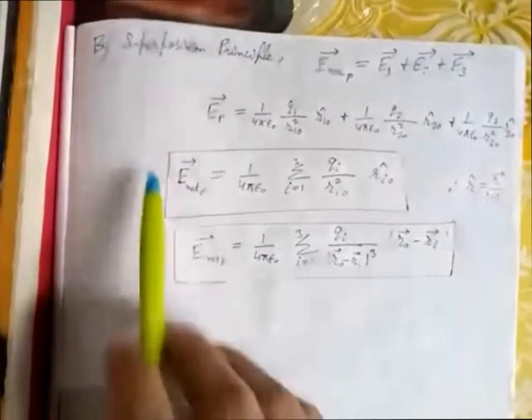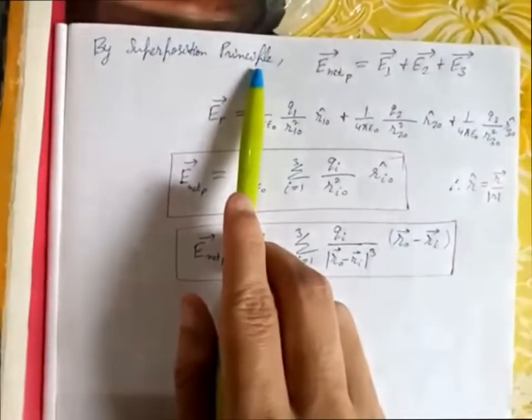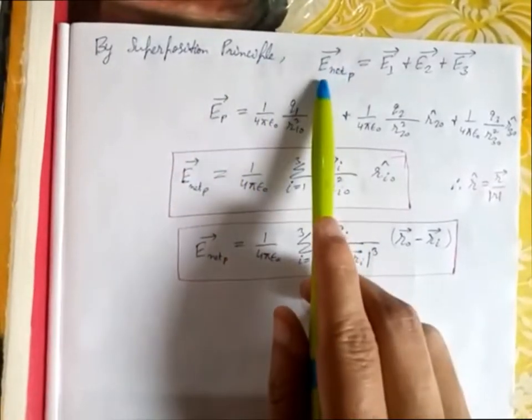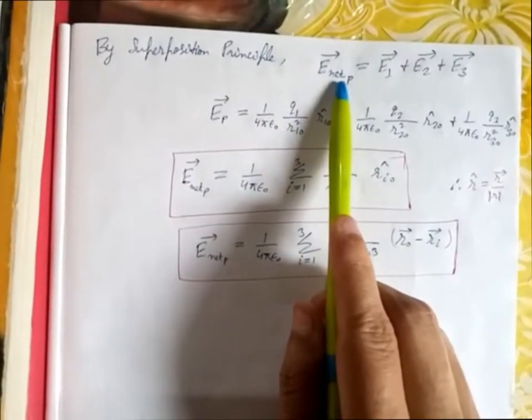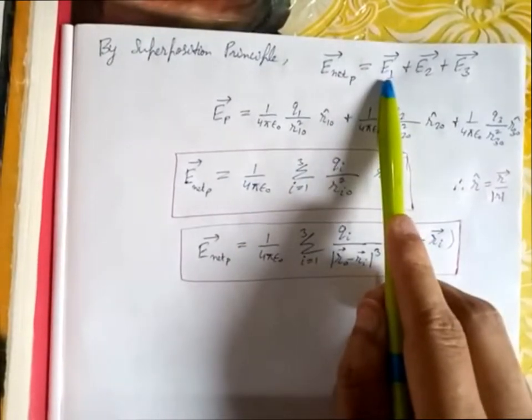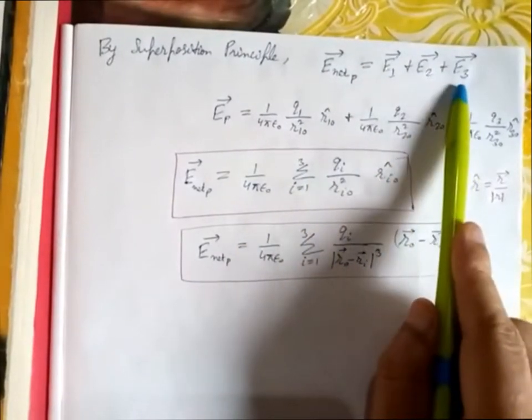So by applying the superposition principle, the net electric field at point P will be E1 vector plus E2 vector plus E3 vector.